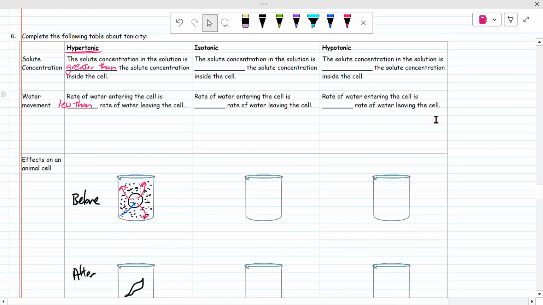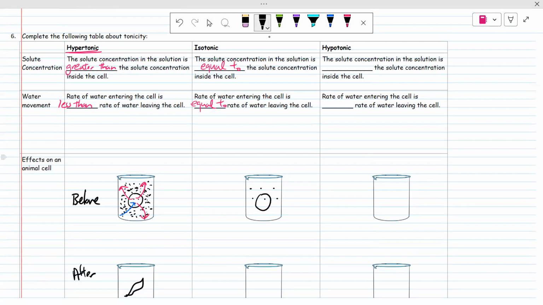Okay, for isotonic, the solution outside and inside are the same, right? Is equal to. And the rate of water moving in and out are also equal to each other. Right, so equal, in and out.